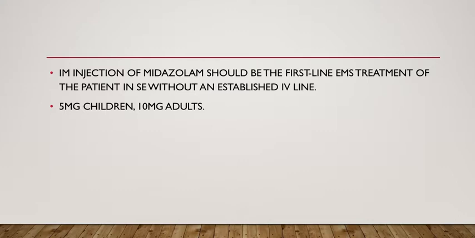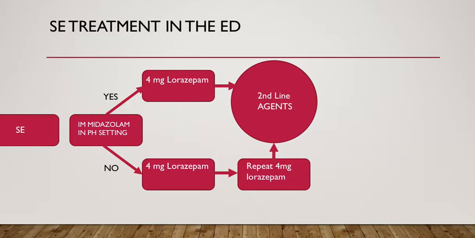So some organizations say that we should begin with intramuscular midazolam administration in patients presenting with status epilepticus, especially out of the emergency department. And here I put an algorithm that we can follow so it is easy to know what to do in a patient with status epilepticus.